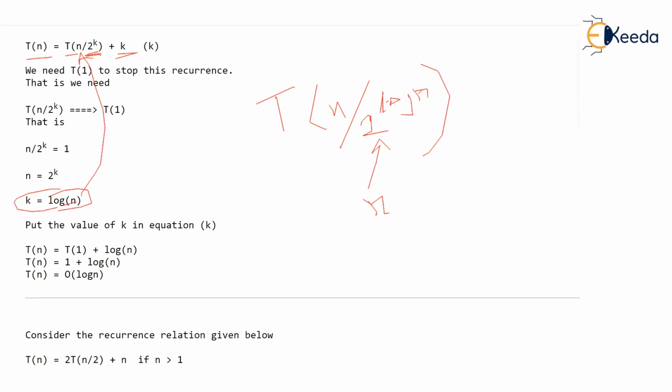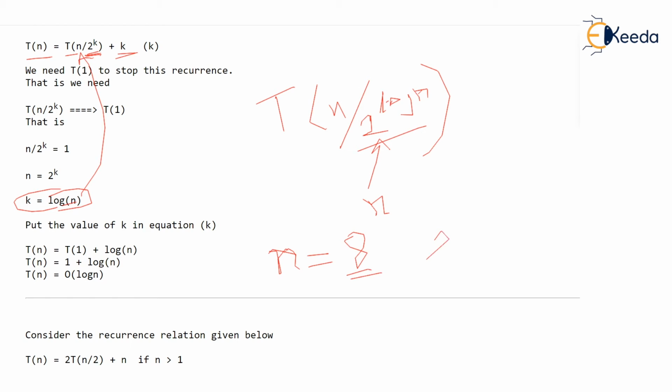Let me give a very simple explanation. Suppose n is 8, imagine n is 8. I am not proving this, there's nothing to prove in this. But if n is 8, what is 2 raised to log 8, because n is 8? 2 raised to log n, I'm asking.